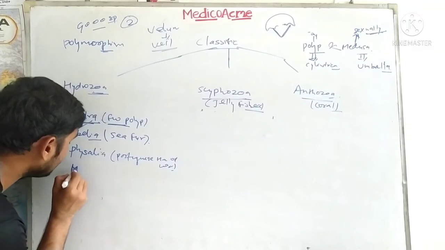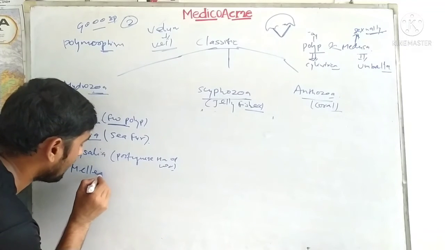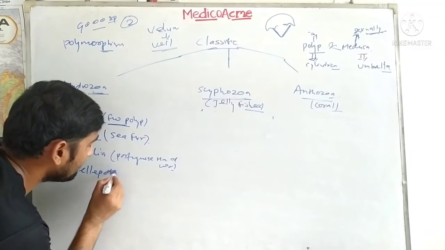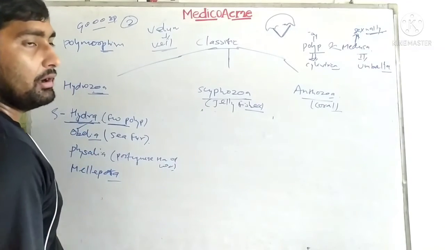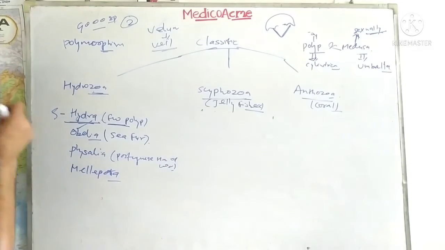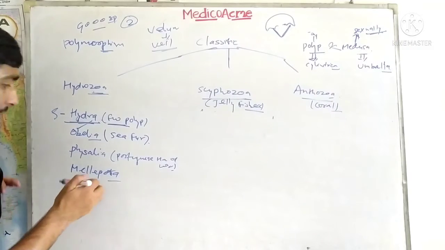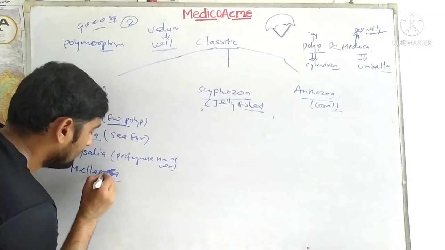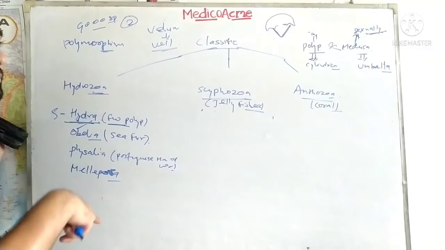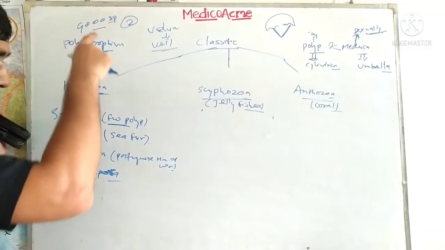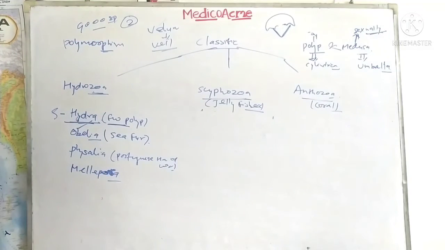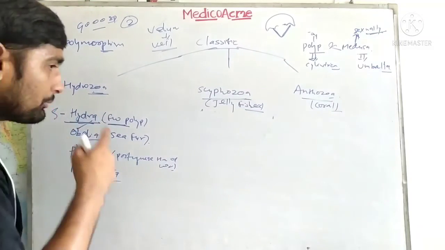Okay. So guys, second is Millipora. Please guys remember that Millipora and Millipoda are different things. It is Millipora, P-O-R-A, not Millipoda. Millipoda, just remember, is the class of phylum Arthropoda.